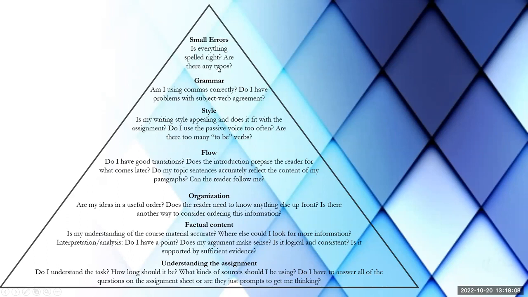So when you're doing a peer review, you don't want to start looking for typos and then work your way down to the bottom. You want to start by understanding the assignment, making sure that the components of the assignment are there and that it has evidence and analysis and that it is organized and in keeping with the assignment guidelines. And then there's a small effort to make sure everything is spelled right and that there are no typos, right?